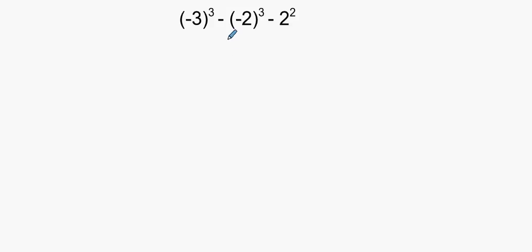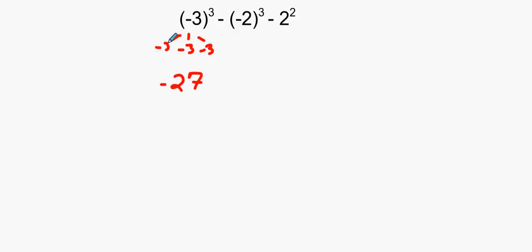In this case, start with your parentheses. I see parentheses here. They have an exponent to the third. Negative 3 times negative 3 times negative 3, if that helps you to show that, at least in these beginning stages. Negative 27. It's negative, not because there's a negative out here, but because it's an odd exponent.